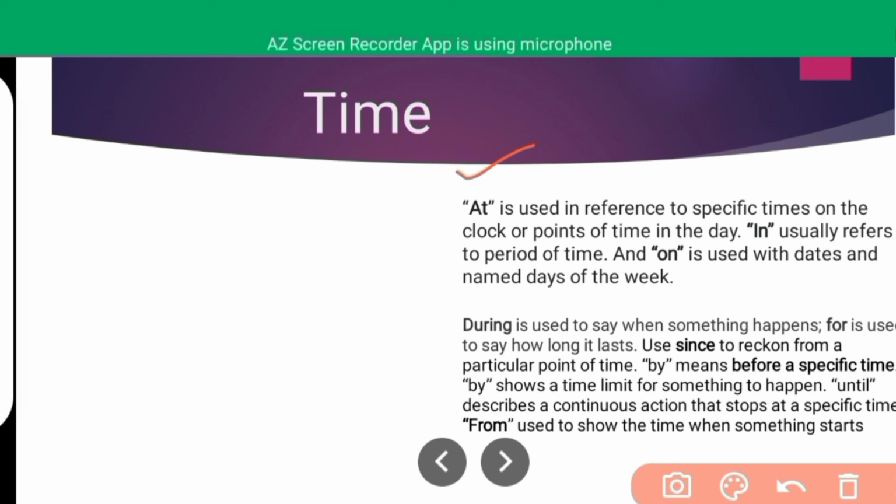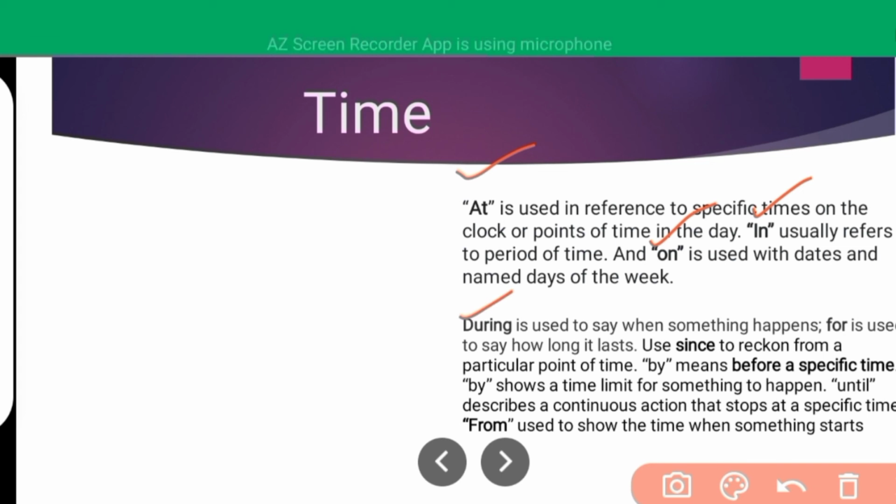Then in, when we use in, usually refers to period of time, and on is used with dates and days of the week. For example, my vacation ends on Monday, or my birthday falls in January. Next is during.